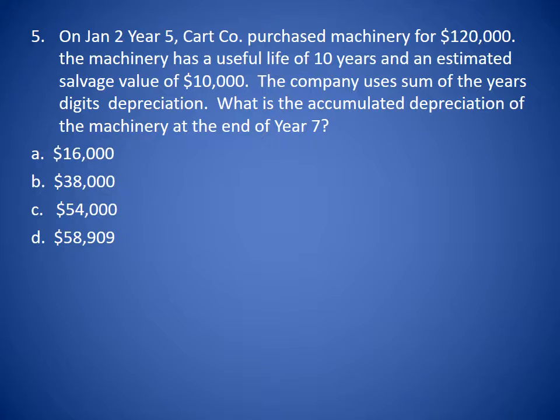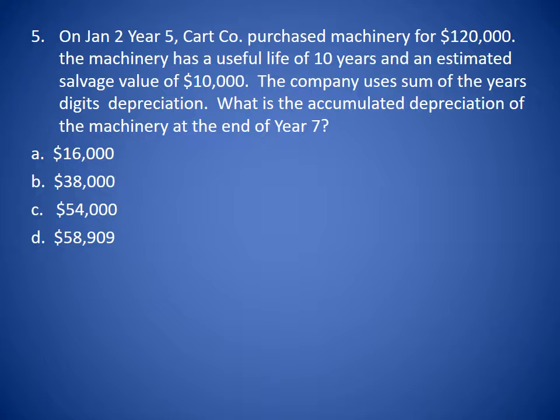Let's take a look at question number 5. On January the 2nd of year 5, the first of the year, in other words, this company purchased machinery for $120,000, and the machinery had a useful economic life of 10 years and an estimated salvage value of $10,000.